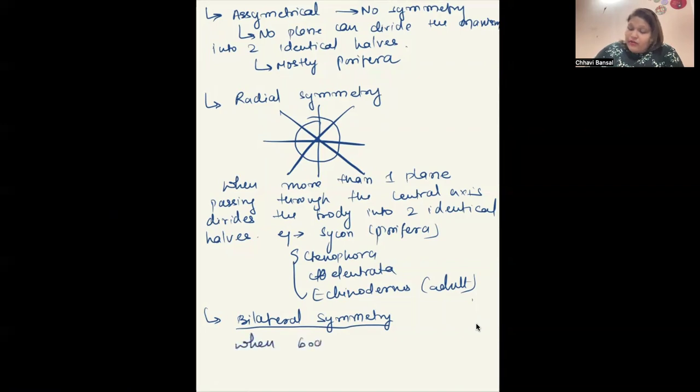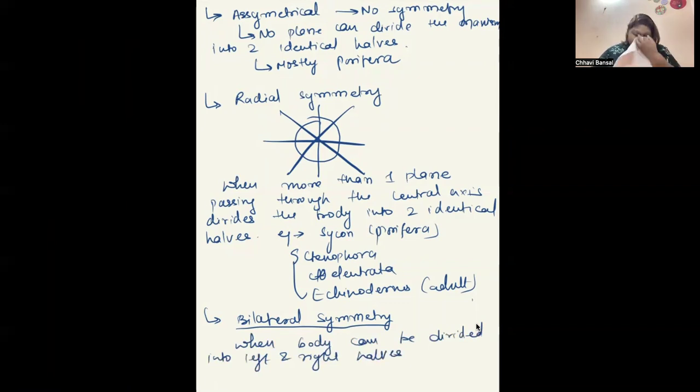When the body can be divided into left and right half, this type of symmetry is called bilateral symmetry. Example starts from Platyhelminthes to chordates. It includes Echinodermata, but then larval stages, not the adult.